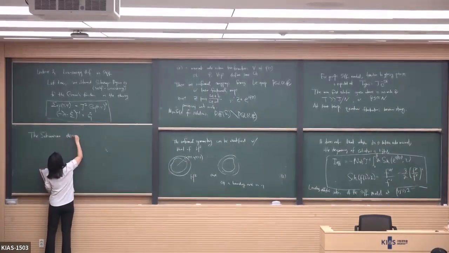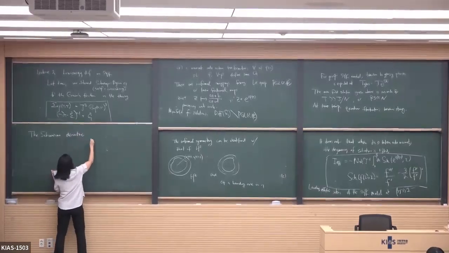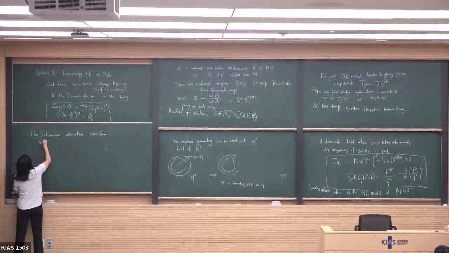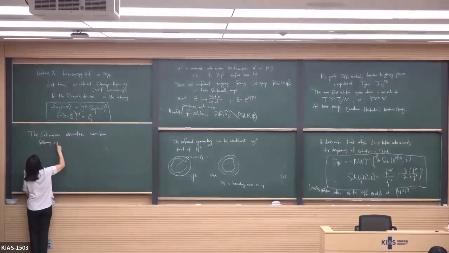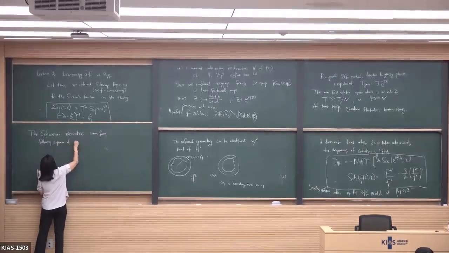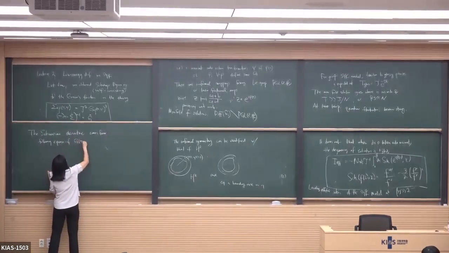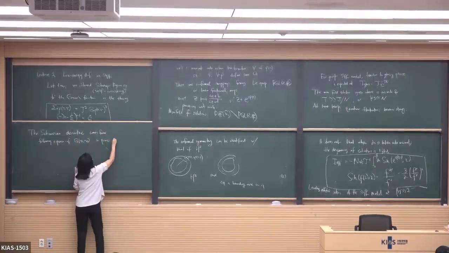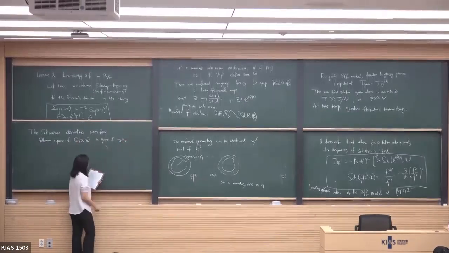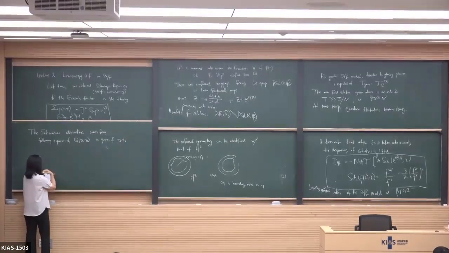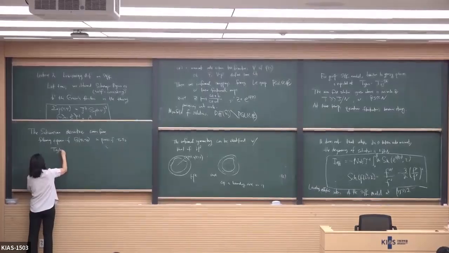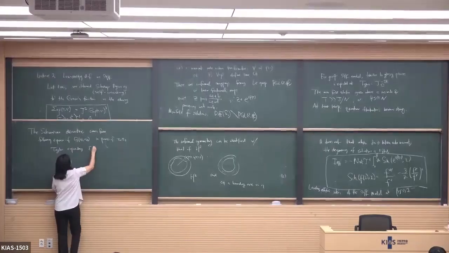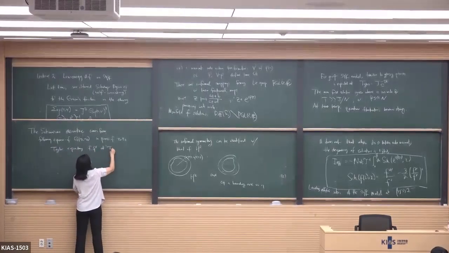So the Schwartzian derivative comes from the following expansion of G, in powers of the time difference at short distances. So Taylor expanding f and f prime.